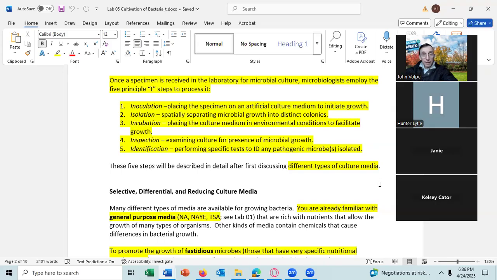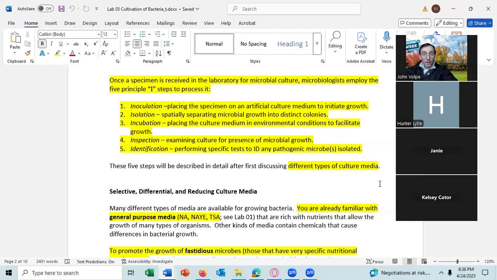Inoculation is placing the specimen on an artificial culture media to initiate its growth. Two, isolation: you need to spatially separate out microbial growth into distinct colonies. Three, incubation: you have to place the culture medium in an environment with conditions to facilitate the growth of the culture.